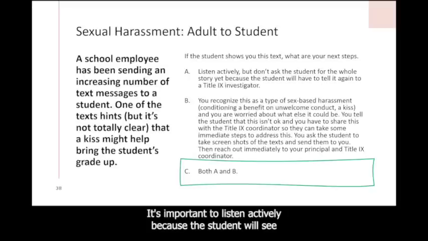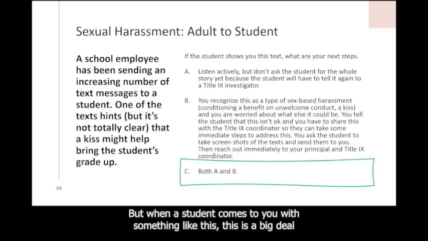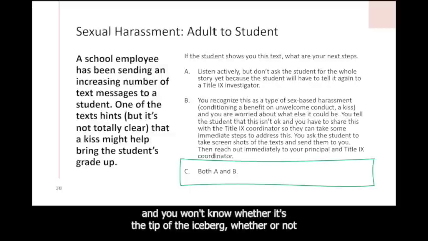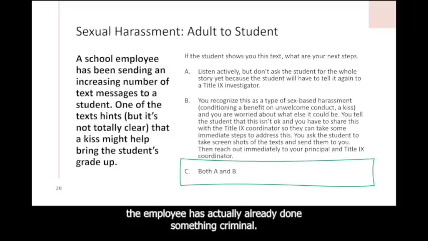It's important to listen actively because the student will see that you care, that you're taking this seriously. But when a student comes to you with something like this, it is a big deal. And you won't know whether it's the tip of the iceberg, whether or not the employee has actually already done something criminal.